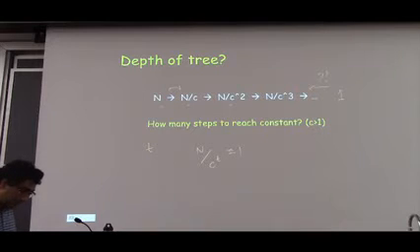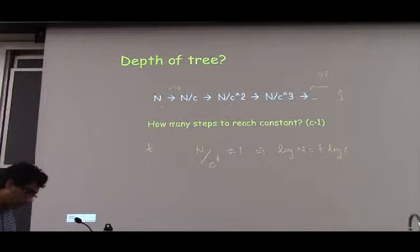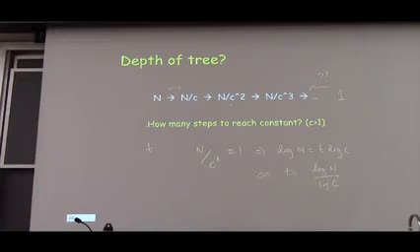By definition, this means that log n is t times log c, or equivalently t is log n by log c. And log n by log c is essentially log n to the base c, by definition. This is how you compute the number of steps.